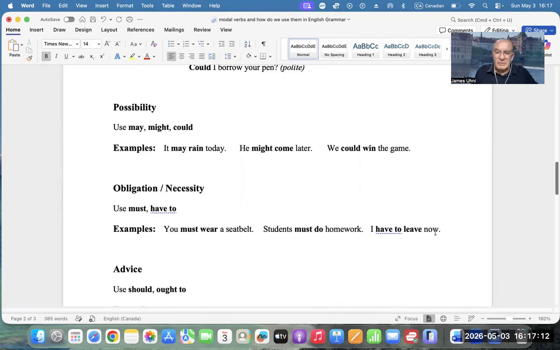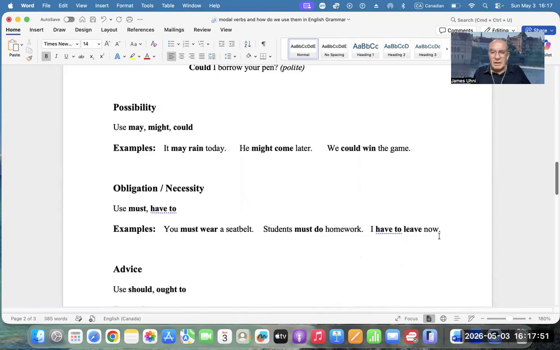I have to leave now. I get to leave now to catch the train. I must leave now to catch the train. So, as you can see, modal verbs are not scary words you must remember. These are flexible verbs that make your answer more flexible or more precise, meaning truthful.